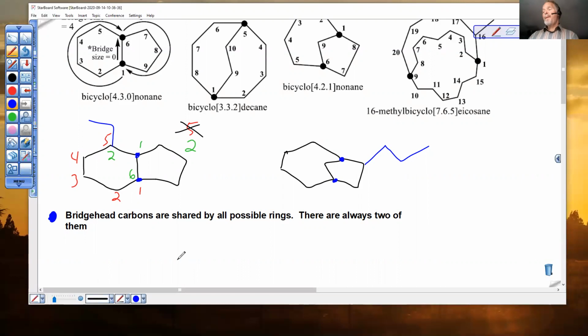So one of them must be number 1. That's a rule. And then you follow your other rules. If we were to continue our numbering on here, we went for green, which was the better way. 1, 2, 3, 4, 5, 6, 7 would be here, attached to 6.